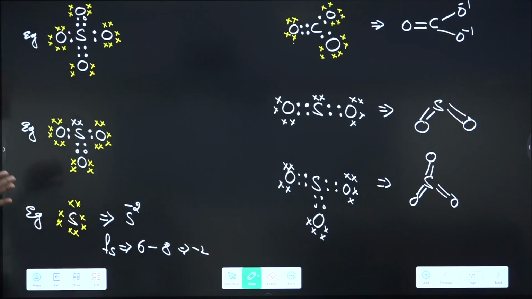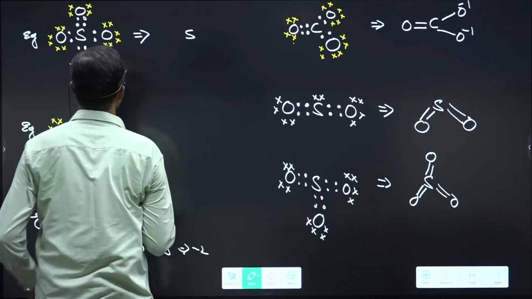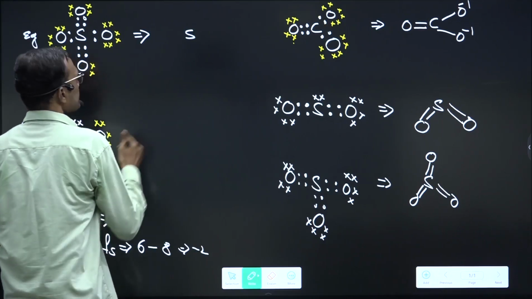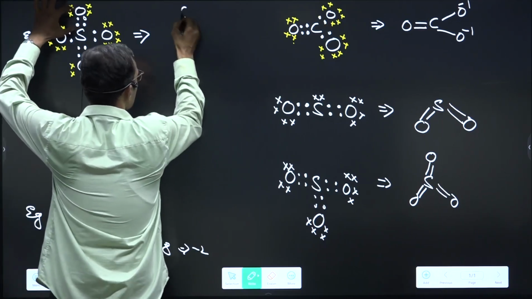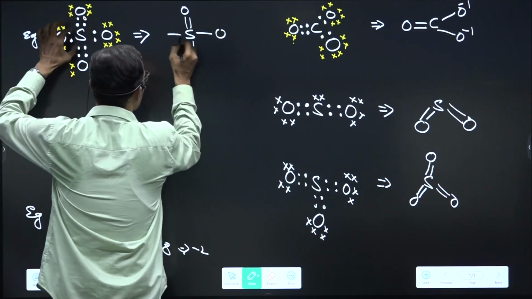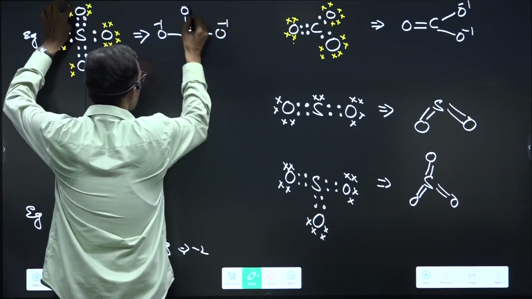Just calculate this one. Now here, what about the formal charge of sulfur? Above, is it a double bond or not? Below, double bond. Right side single bonds. 2 electrons single. Here single. Here see 1 extra, minus 1. Here also 1 extra, minus 1. Here 0, 0.